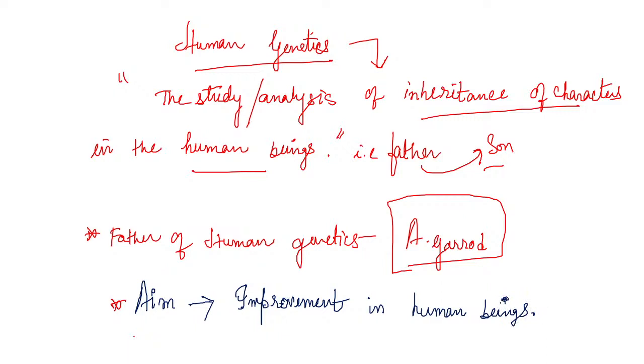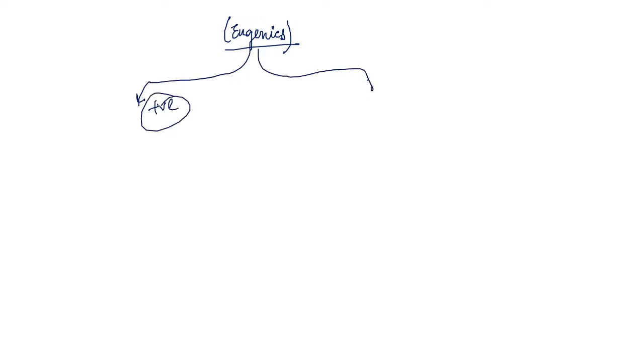As we are reading about human genetics, we'll learn about what eugenics is. Have you ever heard the word eugenics? Eugenics is the study of two things. It can be positive or it can be negative, right?